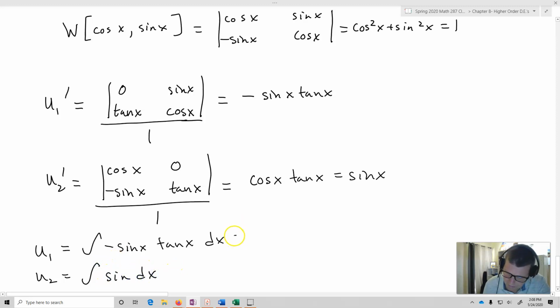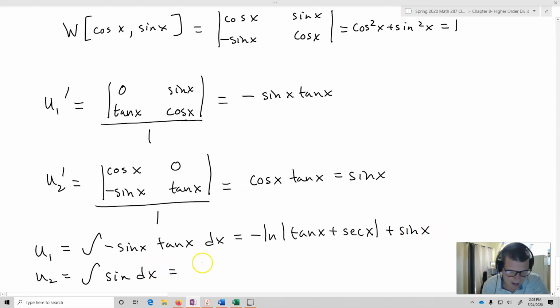The integral of negative sine x tan x equals, you can check this for yourself, negative natural log of tan x plus secant x plus sine x. And the integral of sine x is negative cosine x.